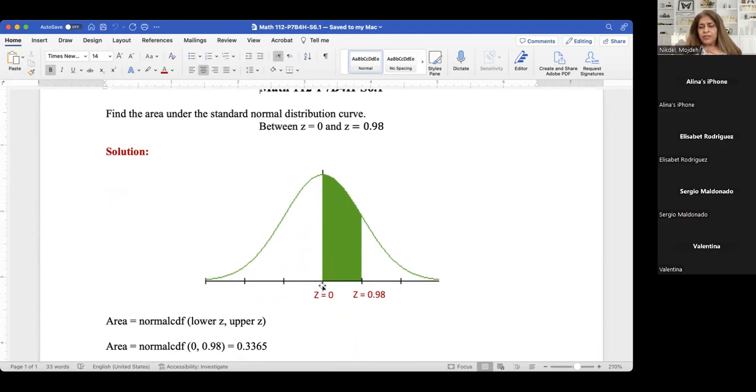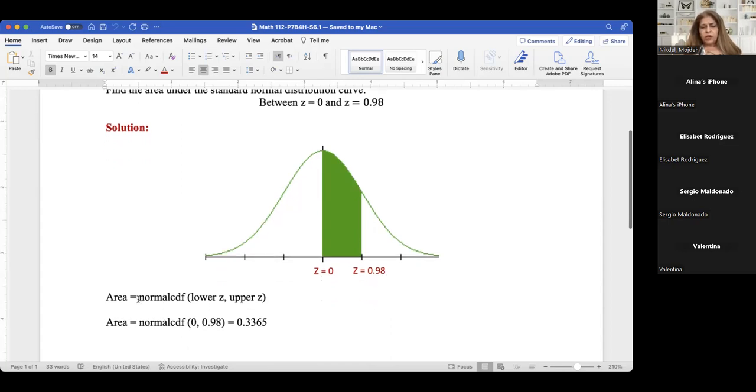You enter the left wall, which is the 0 line, and the right wall, which is 0.98. So area is normal CDF of lower Z, the left wall, then upper Z, the right wall. You go to normal CDF, you enter 0, then comma 0.98.